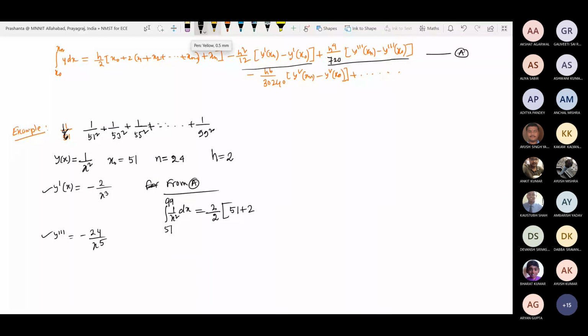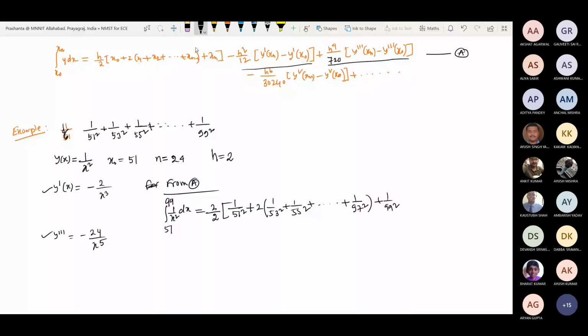So y naught will be 1 by 51 square, plus 2 times y1 plus y2 up to yn minus 1. So it will be 1 by 53 square plus 1 by 55 square up to 1 by 97 square, plus 1 by 99 square.